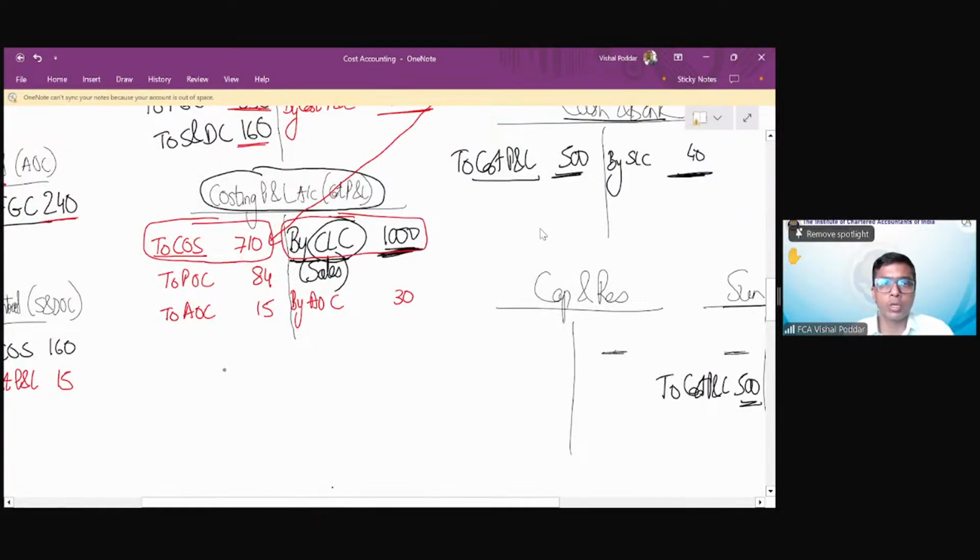This will show you the total cost of each product, this will show you the sales value of each product, and by comparing this, you will get the profit and loss of each product. Understood, students? Any questions, students?